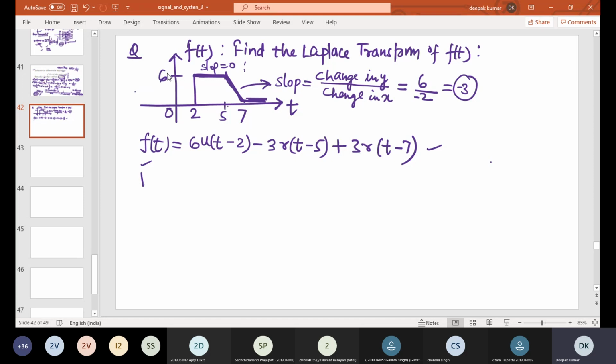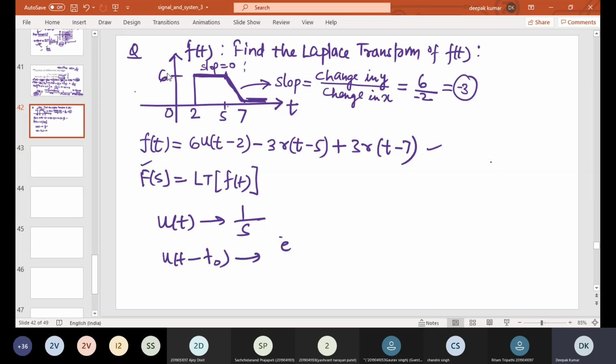Now you can easily perform the Laplace transform of f of t, and you know some properties. The Laplace transform of u of t is 1 by s. If a time shift is given, t minus t naught, then what to do? E to the power minus s t naught divided by s.